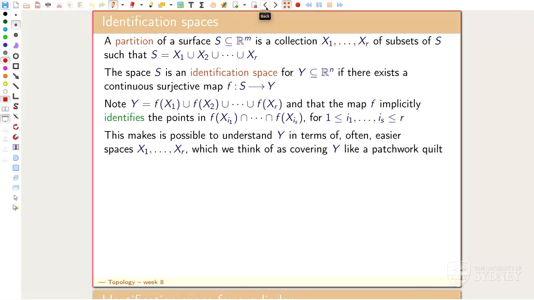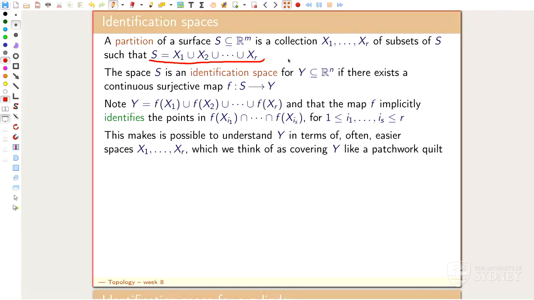I think of my surface as being decomposed into a lot of little patches, let's say 1 up to R, and I call this thing an identification space. There's a gluing rule on these patches, which we'll see in millions of examples, and it determines the surface in the end.